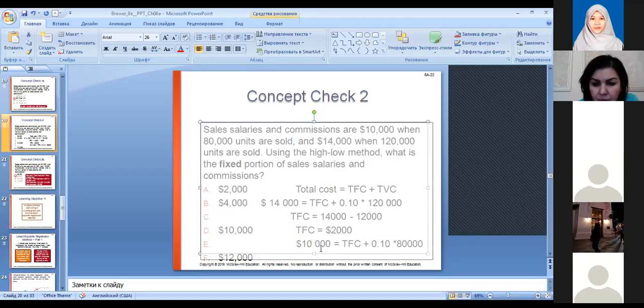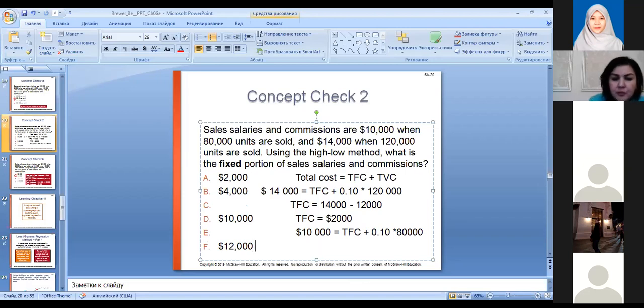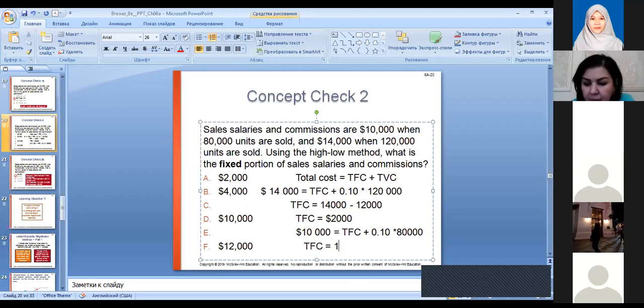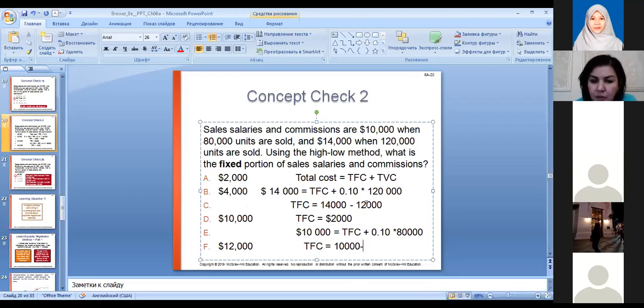So what is the total cost if we write the values of low activity? Again, total fixed cost equals 10,000 minus 8,000. So you see the fixed cost is the same, fixed 2,000.